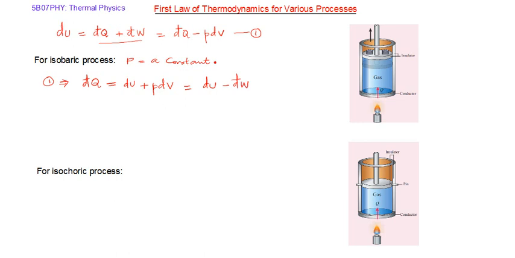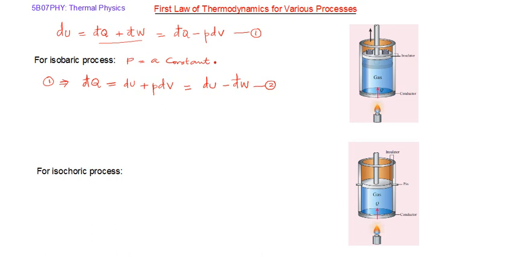Now let us interpret this equation. Let me call this equation number 2. Look at the figure on the right side. You can see the source of heat energy, a flame or a lamp. It transfers an amount of heat q, or its infinitesimal amount is taken as d bar q.